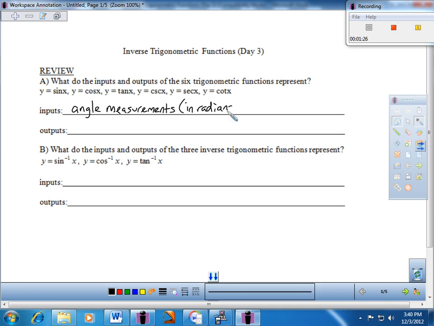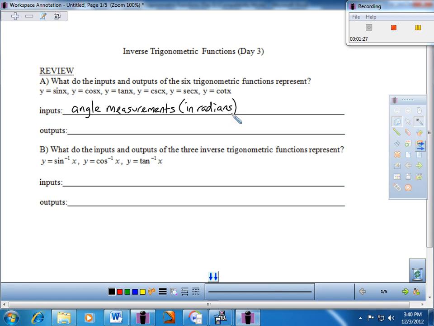Really, we're talking about those angle measurements in radians. And so that allows us to take the sine or the cosine or tangent of any real number. Even though officially it is an angle measurement in radians, the measurement in radians really just represents a real number, and that opens up the doors to exactly that. So the inputs would really be just any real number, and what that corresponds to, of course, is the angle measurements in radians.